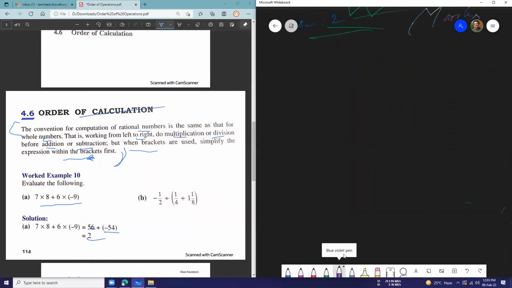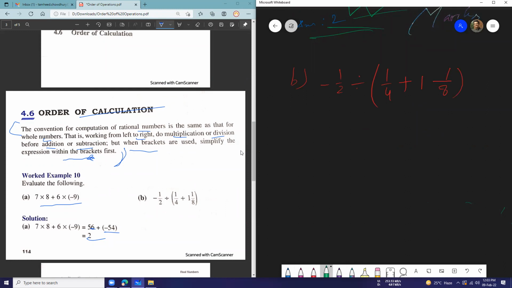There is order of calculation. Let's solve B. The question is: minus 1 by 2 divided by 1 by 4 plus 1 times 1 whole 1 by 8.